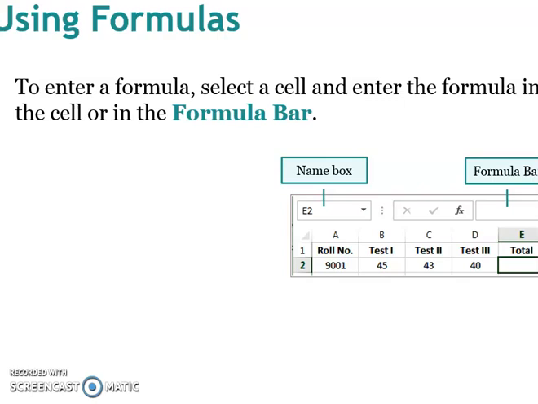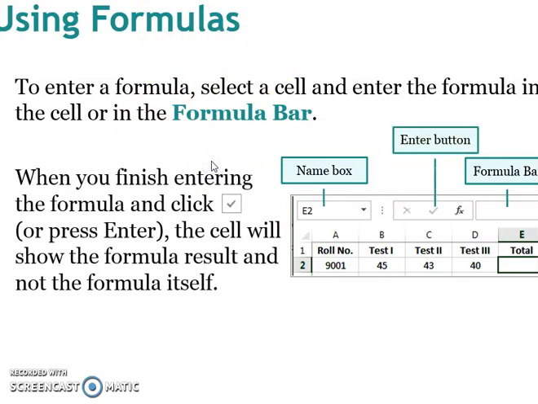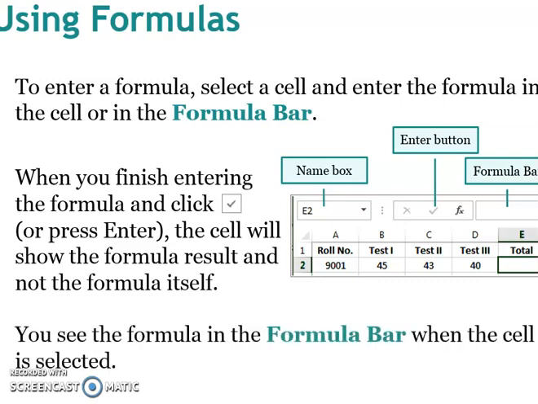Those are equal things, because whatever you write in your cell is always shown on the formula bar. When we select the cell, you see the name box. The name box shows the cell reference, where this value belongs. When you finish entering your formula, just click on the tick sign, meaning the enter sign, or press the Enter button. The result will be shown.